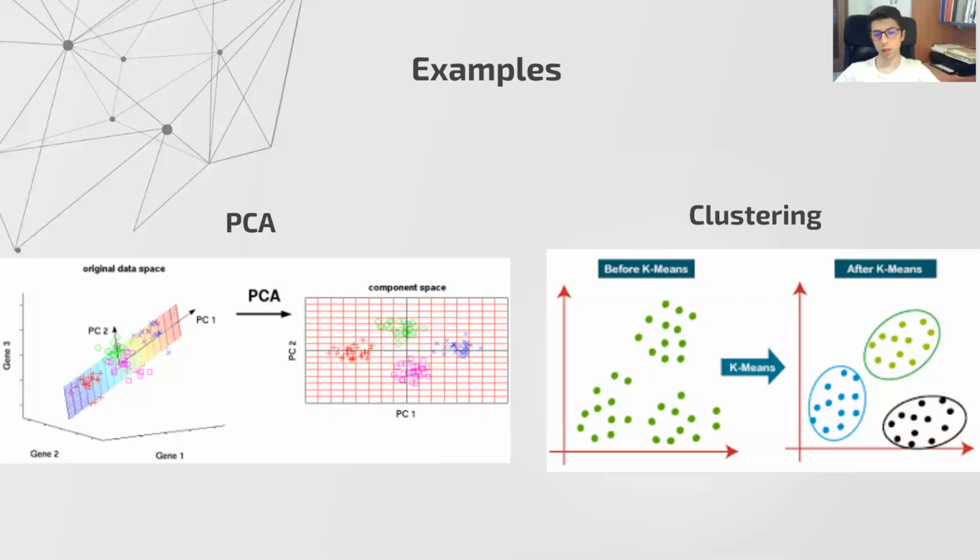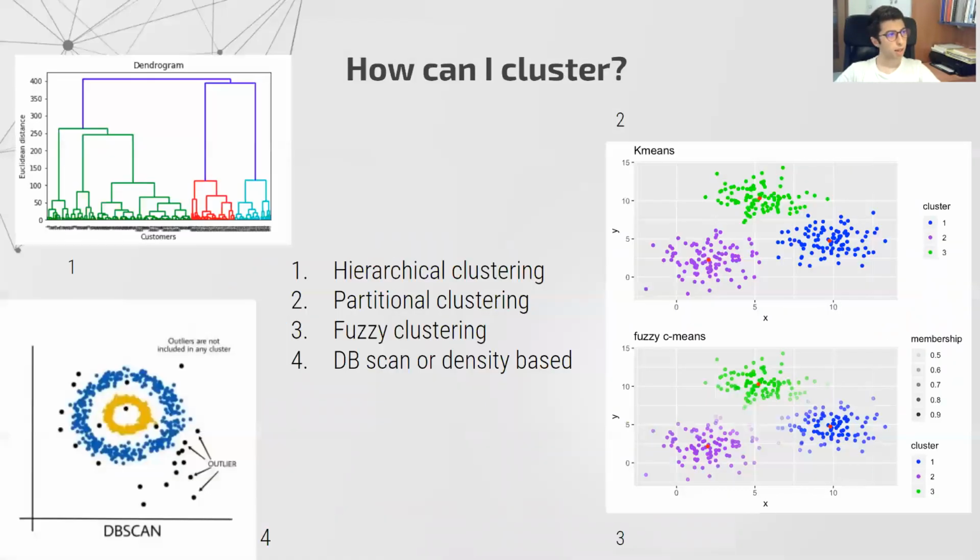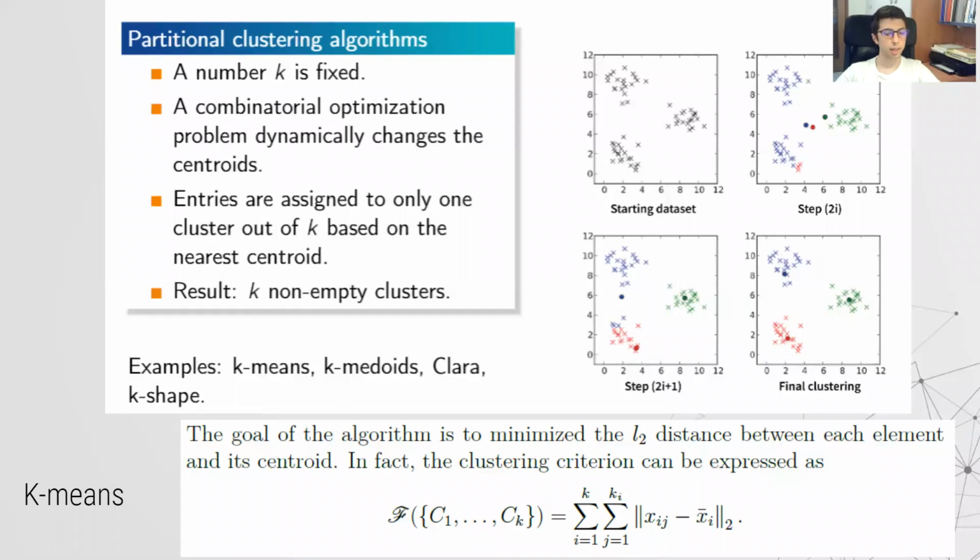And the second, which aims to find homogeneous subgroups among the observations. This is the one that we will go deep on. This is clustering analysis. This is the division of clustering analysis, but we will focus on the second type, partitional clustering. This is the explanation of one of the most famous partitional clustering algorithms, k-means.